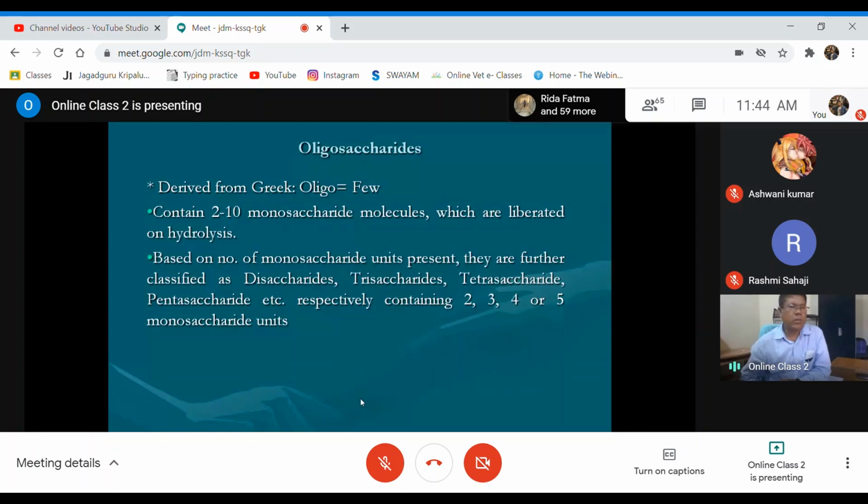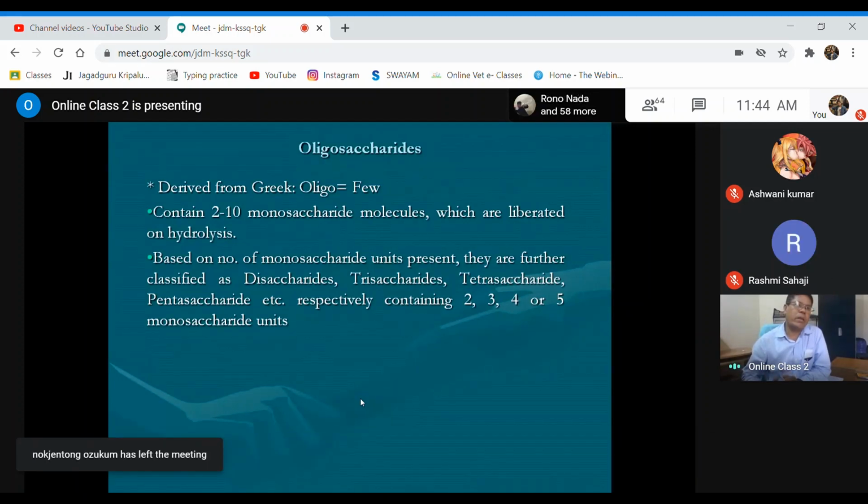Since oligosaccharides contain 2 to 10 molecules of monosaccharides, if they are hydrolyzed, then depending on how many monosaccharide units are present, that many will be liberated. If the oligosaccharide contains 2 monosaccharide units, on hydrolysis it will produce 2 monosaccharides.